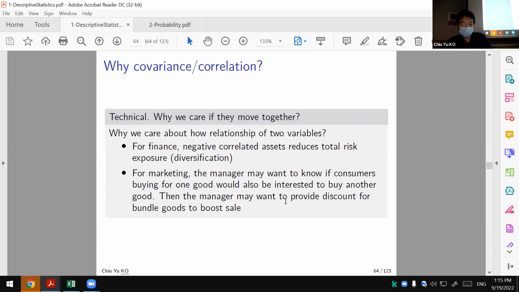And suppose they sometimes want to do a bundle, and so on and so forth, right? Or if they are negatively related, you will do it the other way around. There are a lot of marketing and sales applications to think about. For hotel management, people probably also care about it.